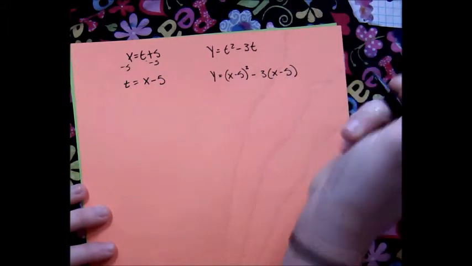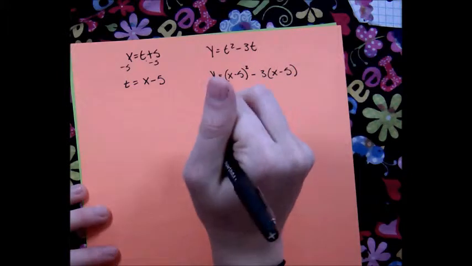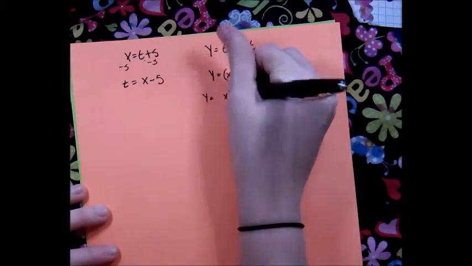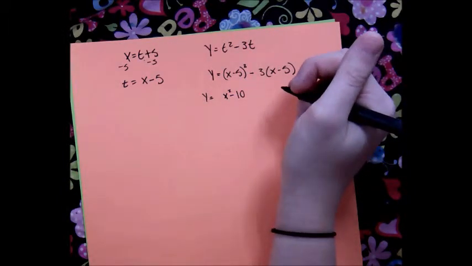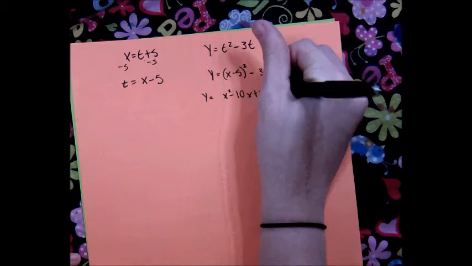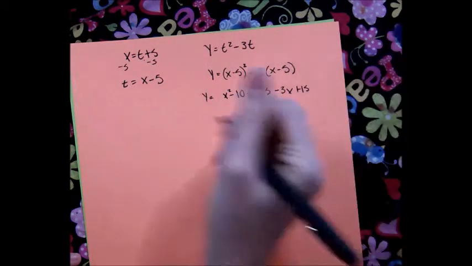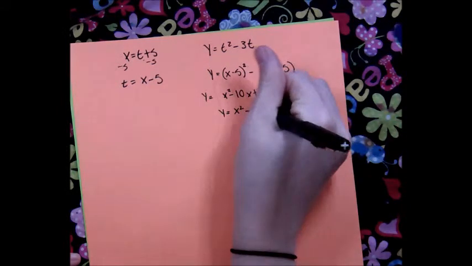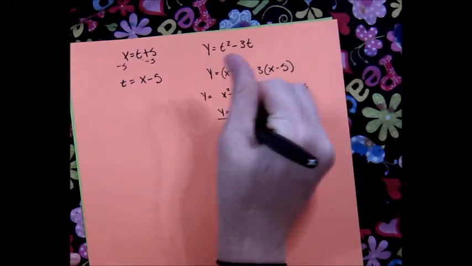After you plug in t, you're going to expand. So y equals x squared minus 10x plus 25 minus 3x plus 15. And we're going to combine like terms. So y equals x squared minus 13x plus 40. And this is the equation we're going to use to find the coordinates.